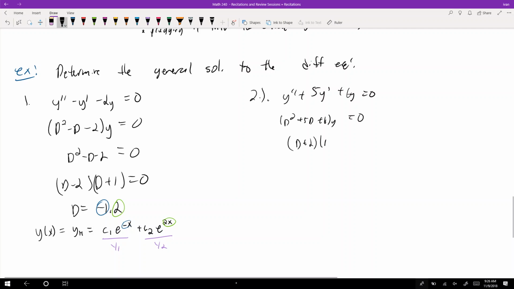If you factor the D polynomial, you get D plus 2 and D plus 3. And so D is equal to -2 and -3. And your solution then is y, and because I can, I'm going to say y of t, just to show you guys that whatever you call that variable, it doesn't actually matter. c1 e to the -2t plus c2 e to the -3t.